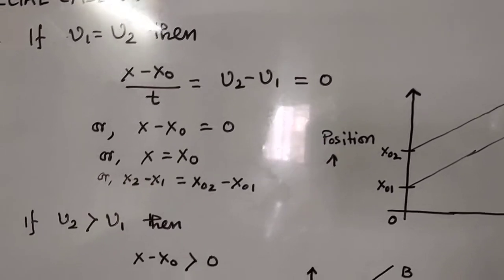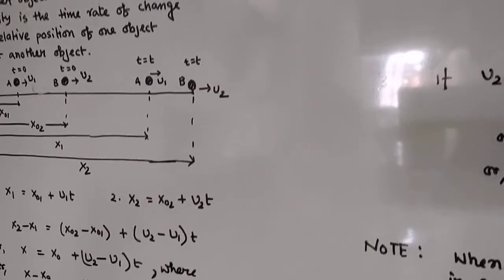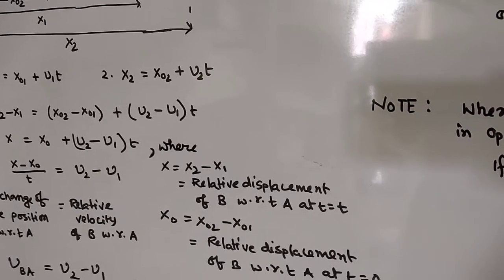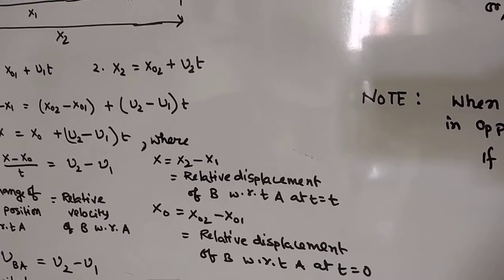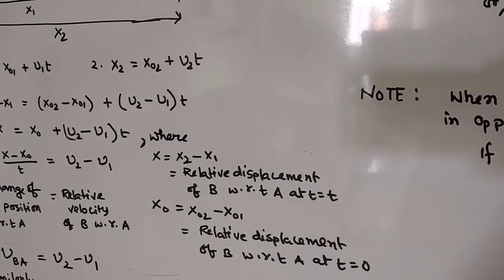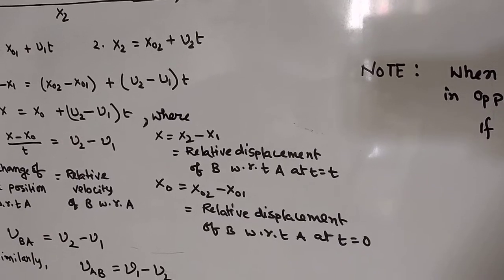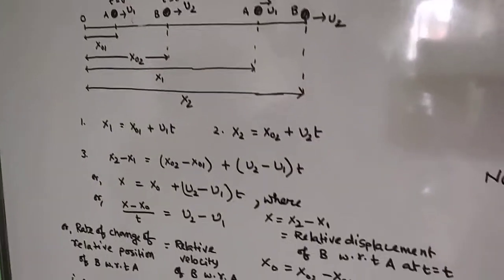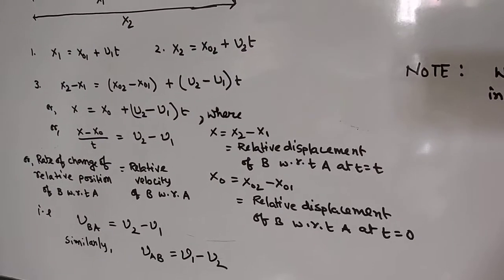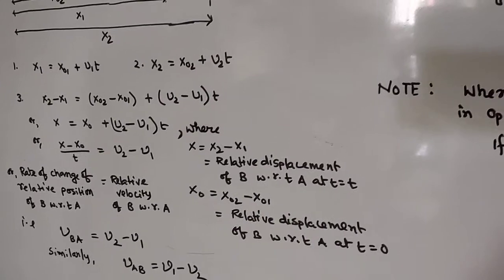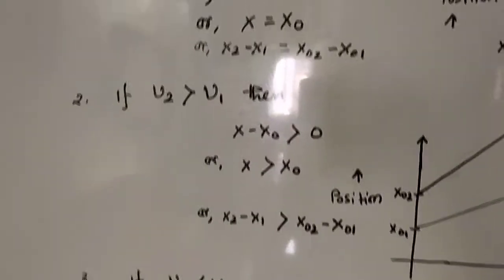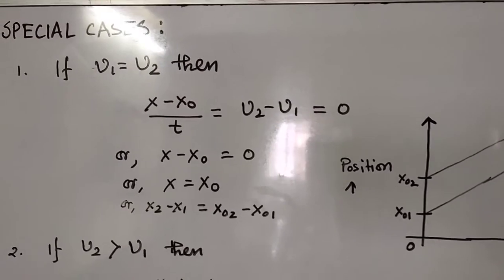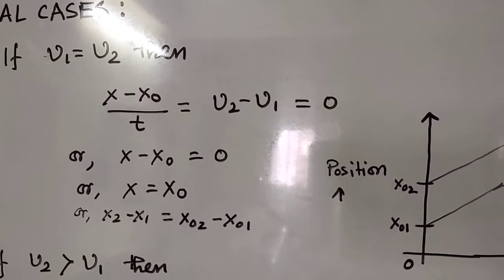Now x is x2 minus x1, the relative displacement of B with respect to A at t equal to t, and x0 is x02 minus x01, as per the diagram, the relative displacement of B with respect to A at t equal to 0. In this case v1 equal to v2, so (x minus x0) by t equal to 0.